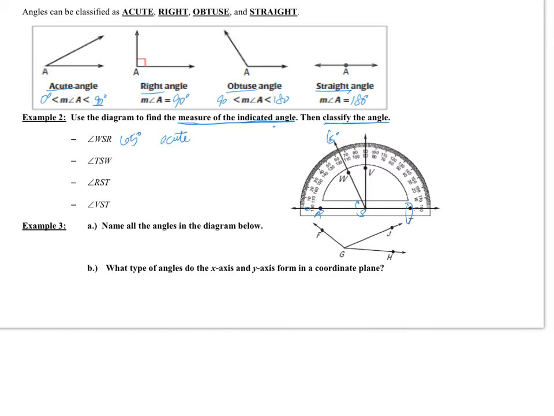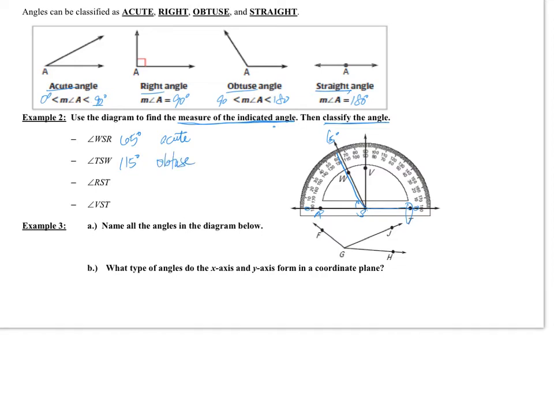Angle TSW, so we're going to have to start reading it from this 0. That is about 115 degrees. So we call this an obtuse angle.